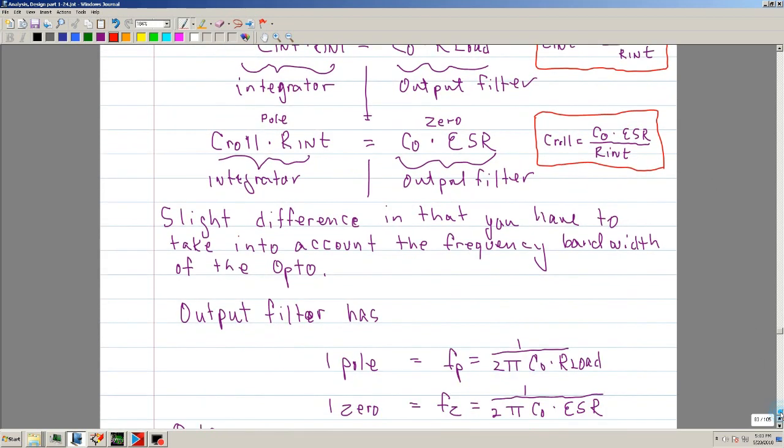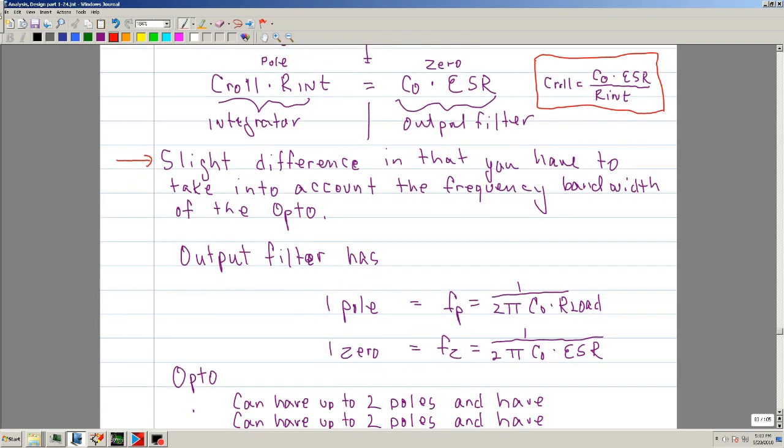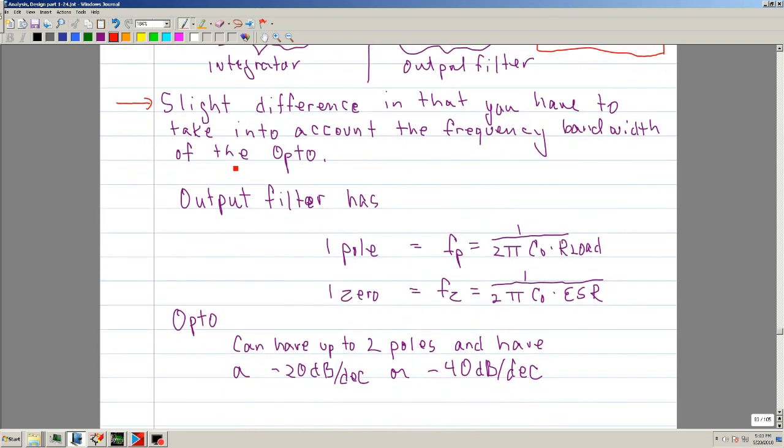Now there's a little difference here, because we're using the TL431 and an opto, so there are some slight differences. It's not as straightforward as these two equations, but they're still similar enough. You have to take into account the frequency response, or the bandwidth, of the opto. The output filter has one pole, and this is the equation.